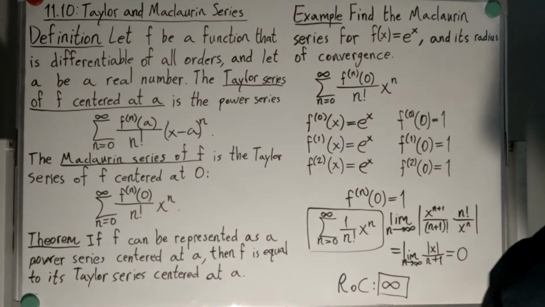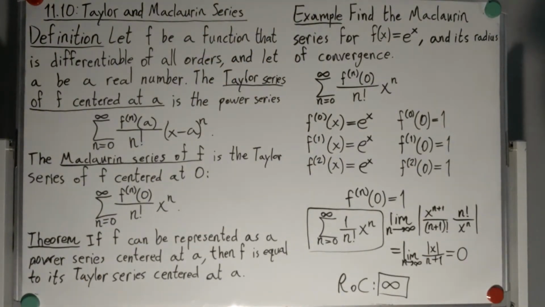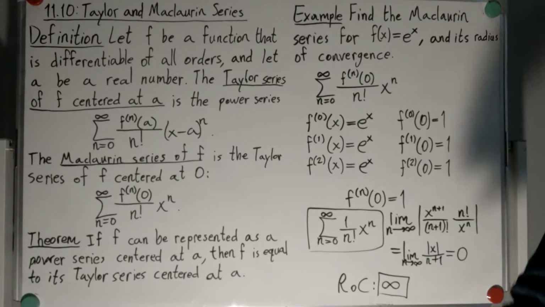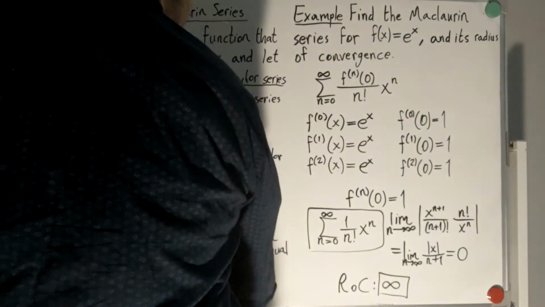All right, let's do a different example. Let's say now we're talking about f of x equals 1 over x and a equals negative 3.